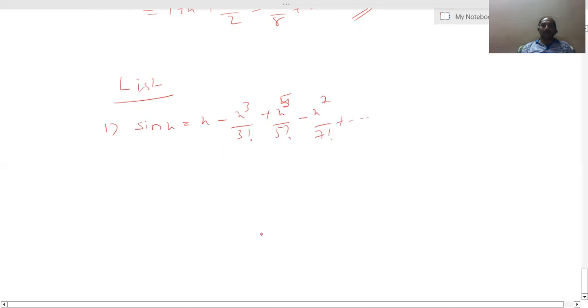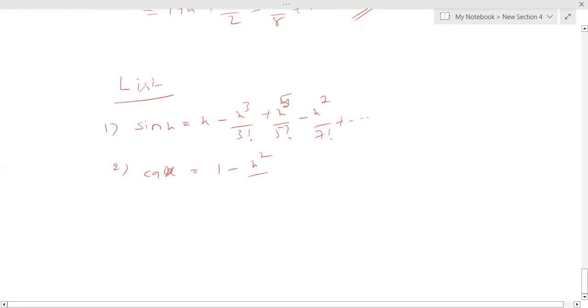Sin x expansion: x minus x cube by 3 factorial, x power 5 by 5 factorial, with plus or minus, 7 factorial, plus and so on. Second formula, cos x, even exponents: 1 minus x square by 2 factorial, x power 4 by 4 factorial, minus x power 6 by 6 factorial, plus and so on.